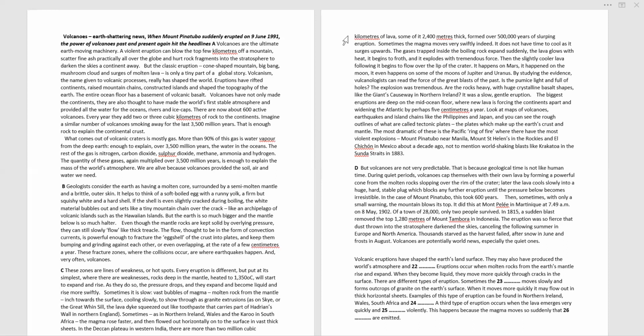24, South Africa, and it must be a country's name. I can't see any country name. Northern Ireland, Wales, South Africa, Karoo.